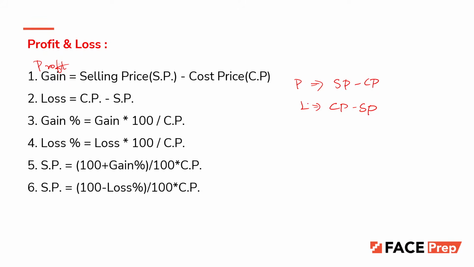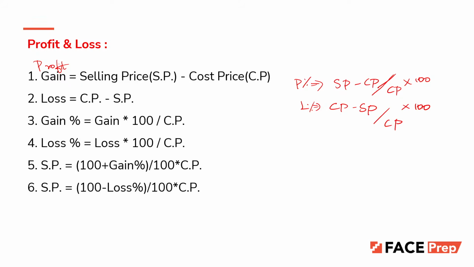Similarly, for profit and loss percentage, after identifying the profit and loss, you may check for profit percentage and loss percentage. So for profit percentage, the formula is selling price minus cost price by cost price into 100. Similarly for loss, cost price minus selling price by cost price into 100.